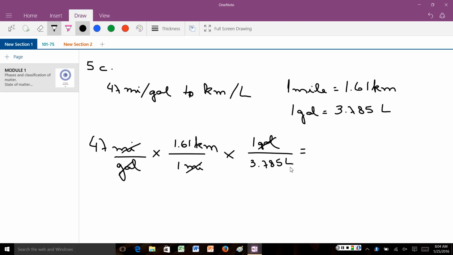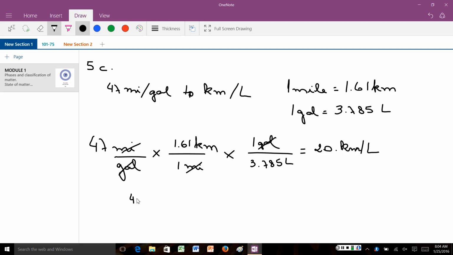So solving this, you should get 20 kilometers per liter. Once you do all the dimensional analysis, just take the final numbers.